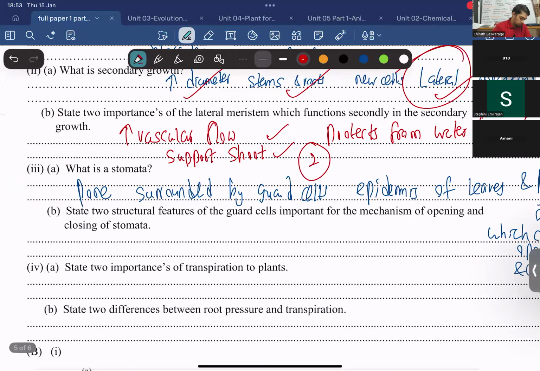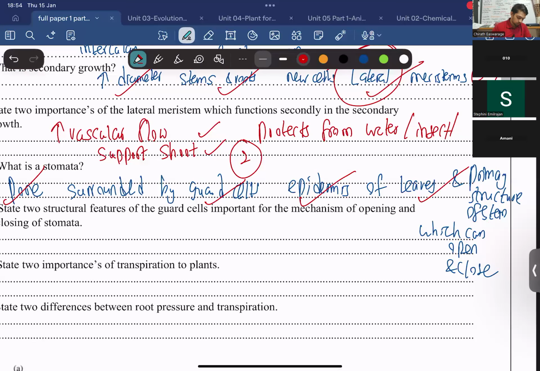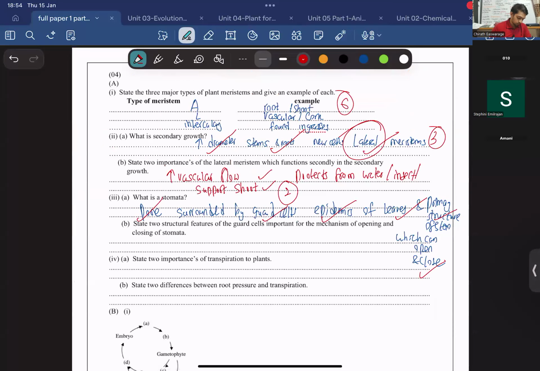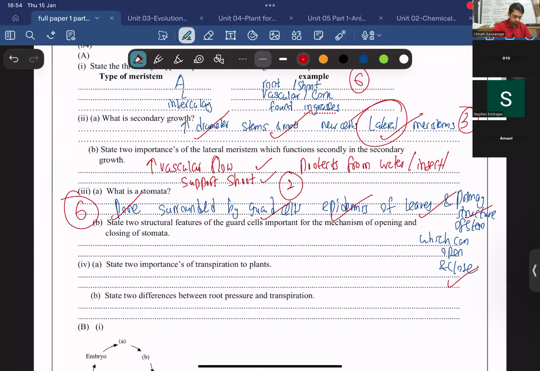I'll give you points for pore, guard cell, epidermis of leaves, primary structure of stem, which can open and close. 6 points I'll give. It's a pore surrounded by guard cells in the epidermis of leaves and primary structure of stem which can open and close. Okay, that is the nice proper definition.